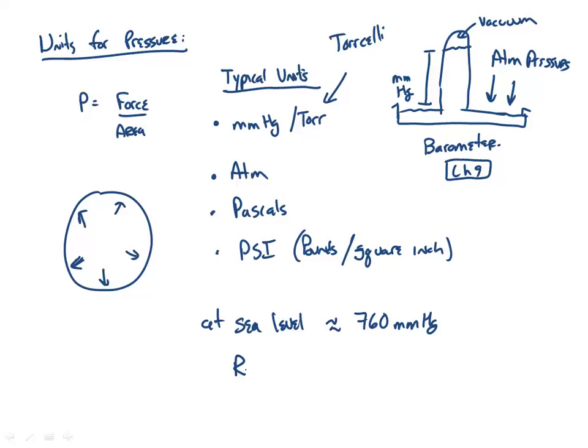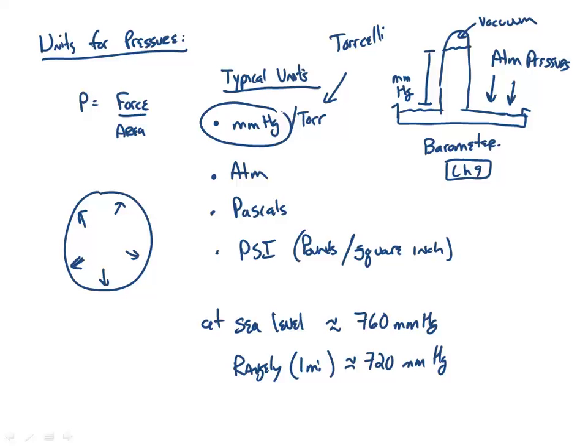And if we're up here at Rangeley, which is about 1 mile high, we're probably about 720 millimeters of mercury or something. Meaning, because we're a mile high, we have less atmosphere pushing down on us.